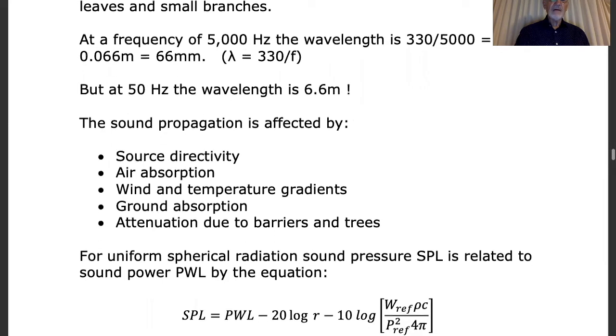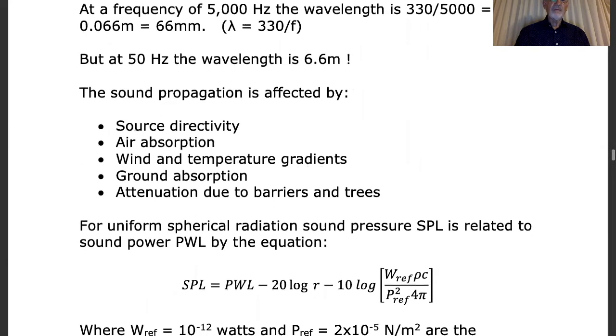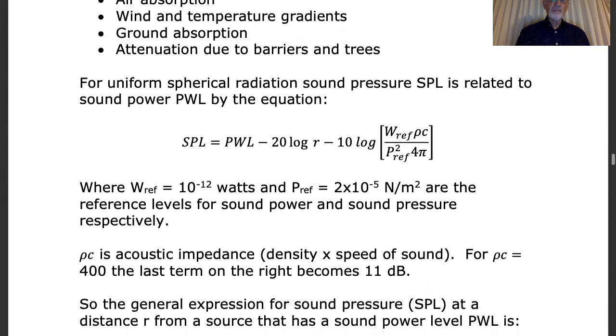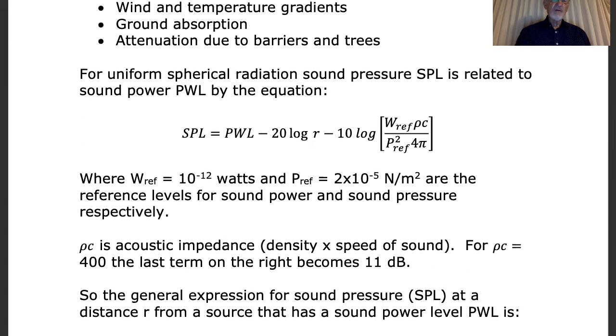And there are other factors like directivity, if the source is pointing directly at the listener, air absorption, wind and temperature gradients, ground absorption, and as I've mentioned, attenuation due to barriers and trees. So I've given you some formulae here, and that relates the sound pressure level, SPL, with the power level.